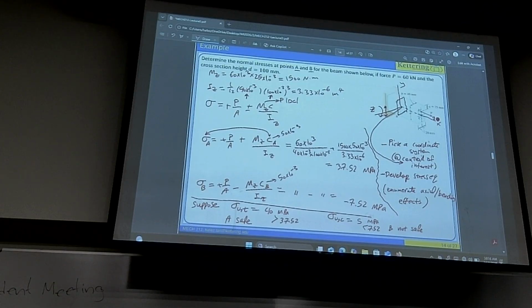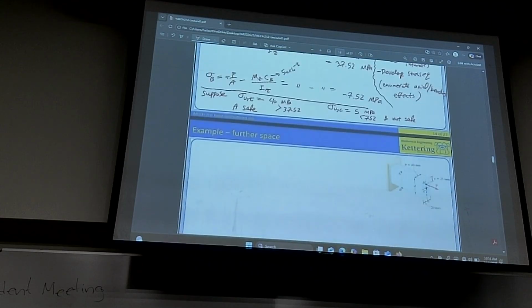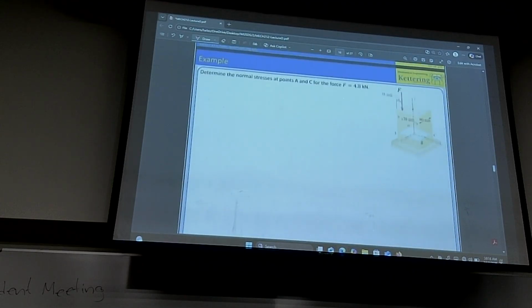When we say magnitude of compression, we're just looking at compression. The negative sign just signifies that it is in compression. Compression means negative, right? Tension is positive. If no more questions, let's move on to this one.